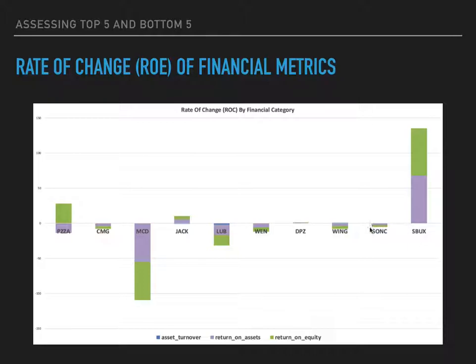Looking at the rate of change for the 4-year period, Sonic's doesn't appear to show any growth. So that might be a good indicator to knock that out of the running. So it limits it to Domino's, Wingstop, and Starbucks.